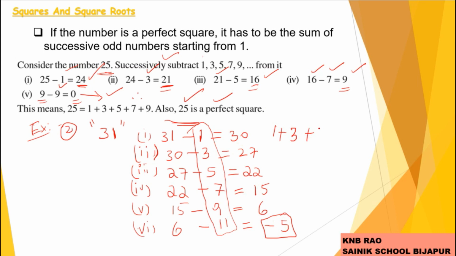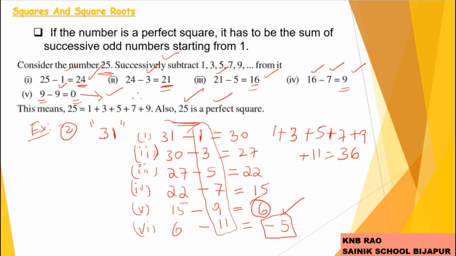So 1 plus 3 plus 5 plus 7 plus 9 plus 11 is 36. You can observe 31 has a shortage of 5 from that perfect square 36. So how much is to be added to make it a perfect square? 5 is to be added. Next, how much is to be subtracted to make it a perfect square? In the fifth step, we get it.